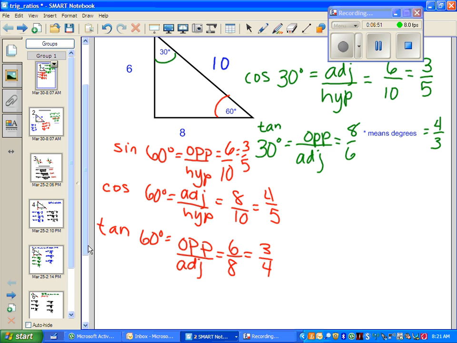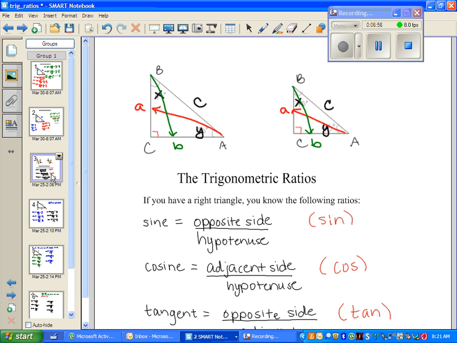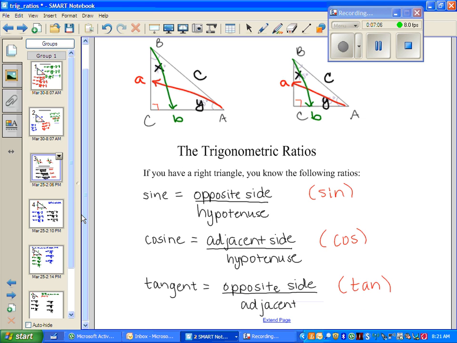So that brings us to the next slide, which shows you the trigonometric ratios. If you have a right triangle, you know the following ratios. Sine equals the opposite side of whatever angle you're talking about over the hypotenuse.